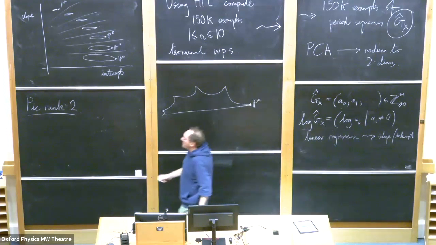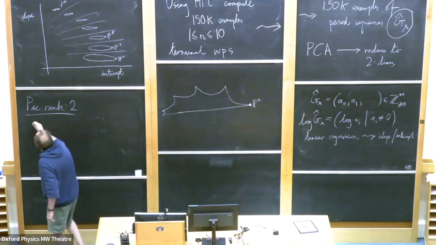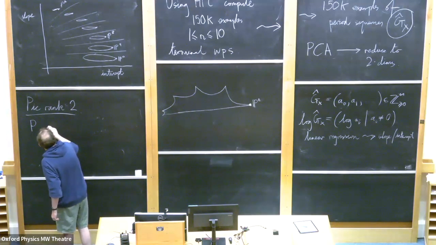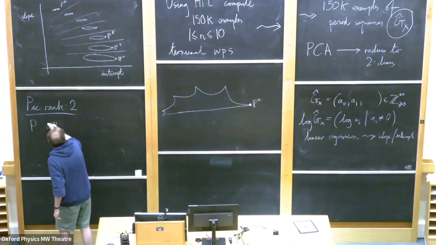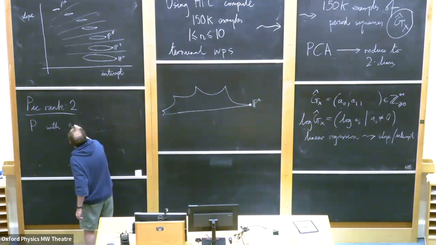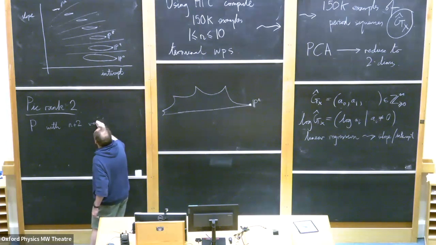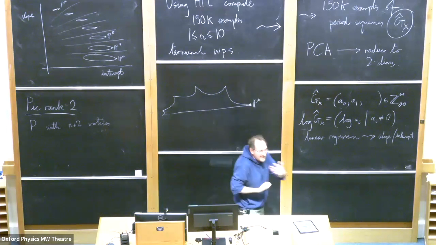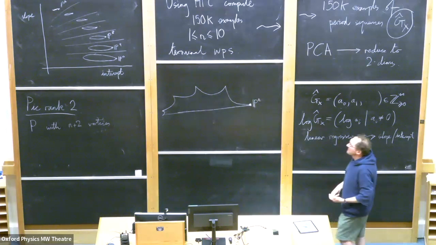And so whereas before we were looking at simplices, now we're looking at P with n plus 2 vertices. Before, it had n plus 1 vertices because it was a simplex. Okay? So just the next step along in complexity.